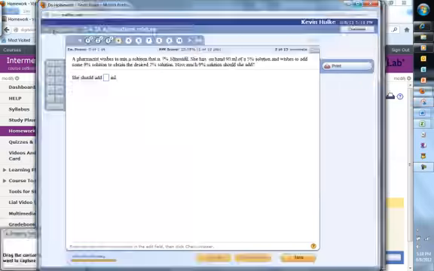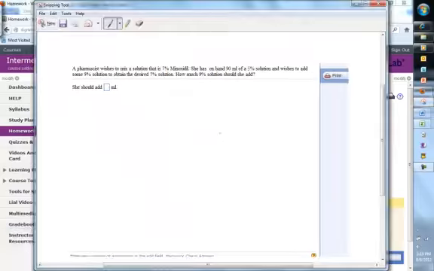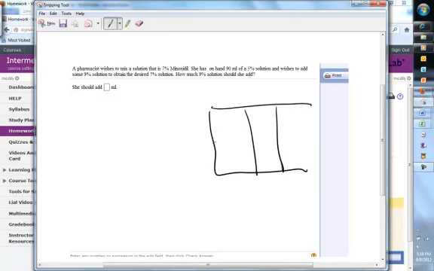Another make a chart problem. A pharmacist wishes to make a solution that is 7% minoxidil. She has on hand 90 milliliters, that is a 5% solution. Amount, percent, so this is 0.05.